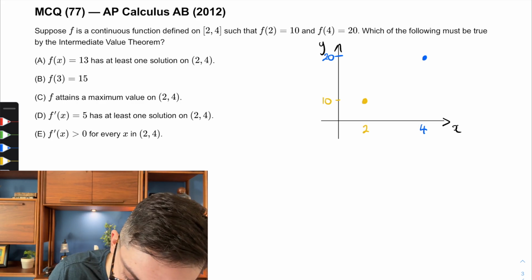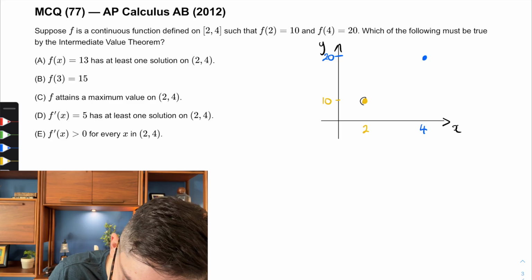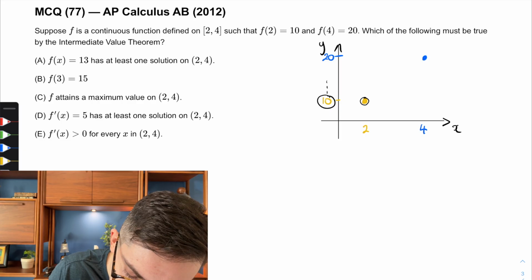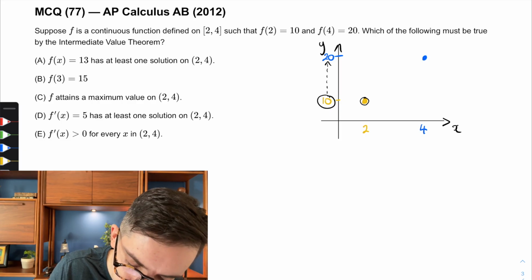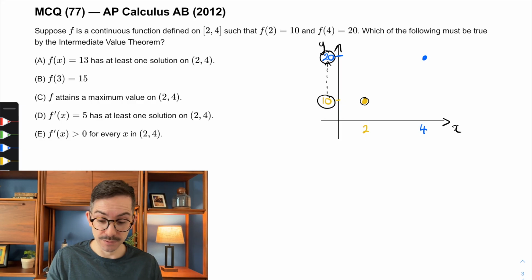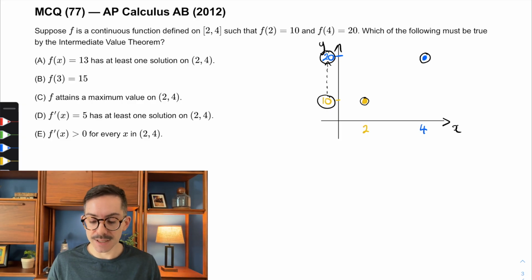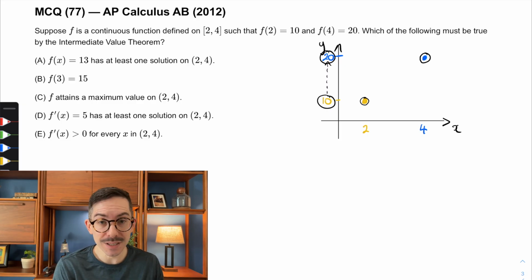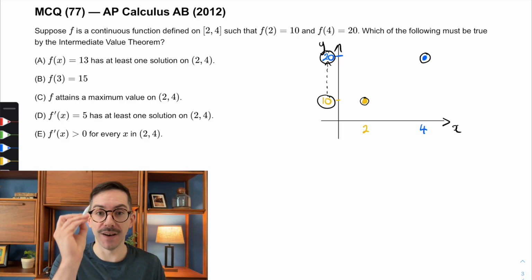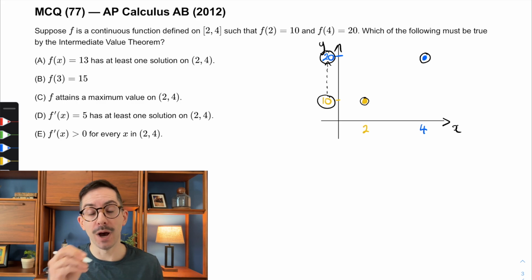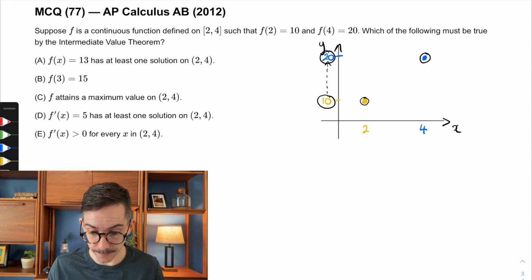It tells me that when I start at this value of 10, I need to climb up to the value at the other end of the interval, namely at x equals 4. I know I'm spitting out this output of 20. Because my function is continuous, the intermediate value theorem says I need to hit all of the values in between that are intermediate to y equals 10 and y equals 20.